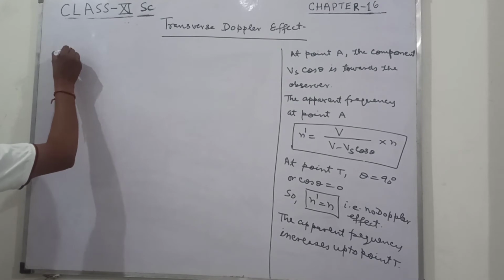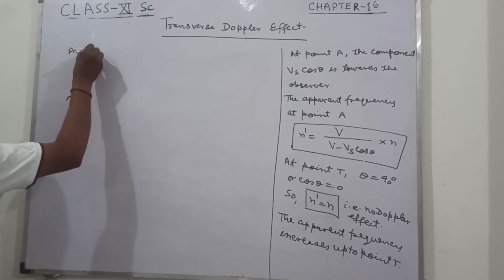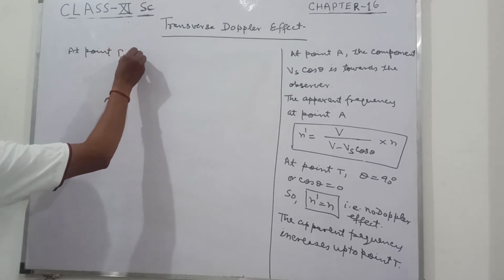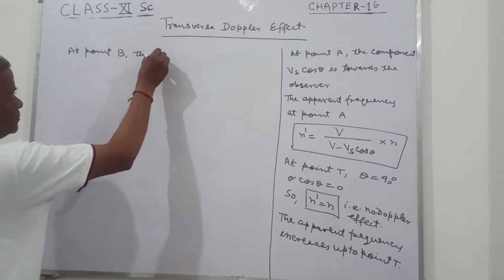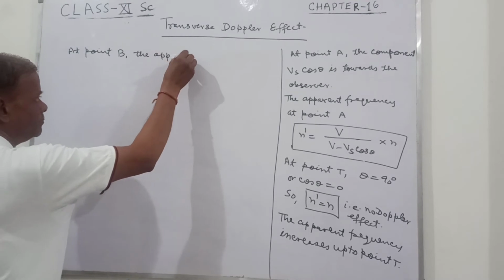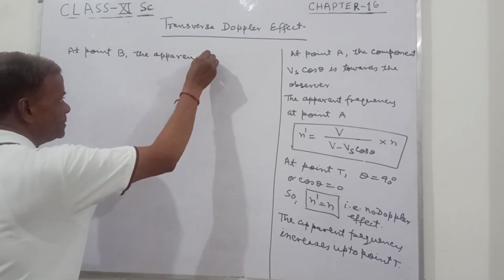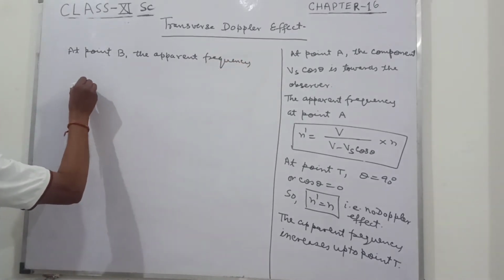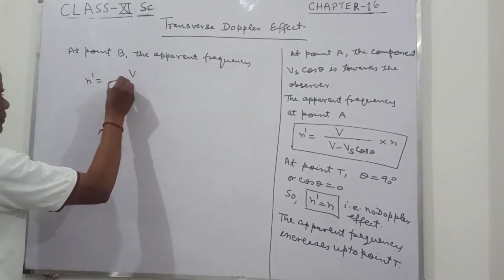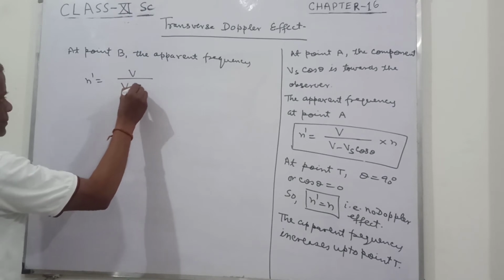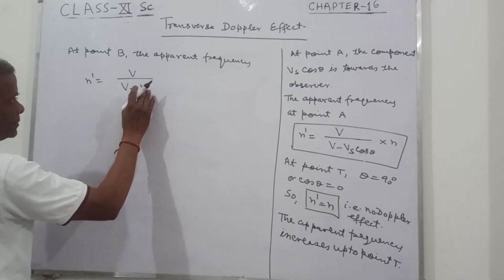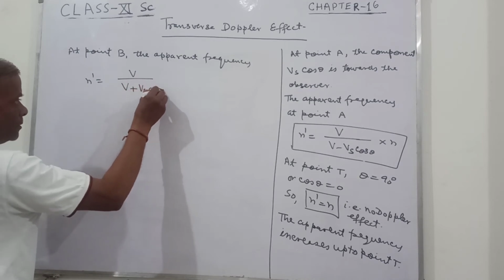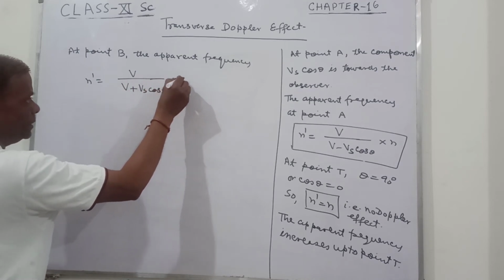At point B, the apparent frequency n dash equal to V upon V plus Vs cos theta into n.